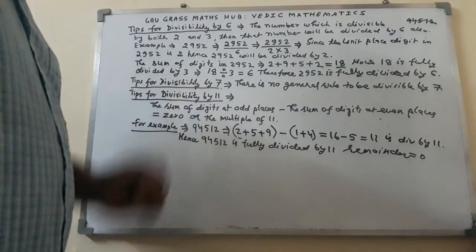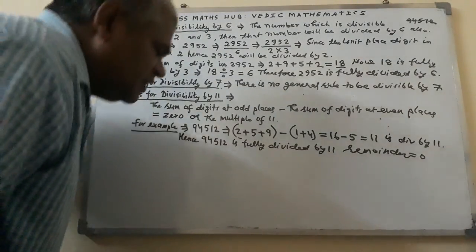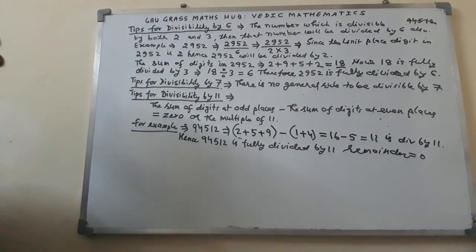Tips for divisibility by 11 you have got here. Now some space is available, so I shall discuss some other issues related to Vedic mathematics. Tips for divisibility by 6, by 7 and by 11 I have completed.